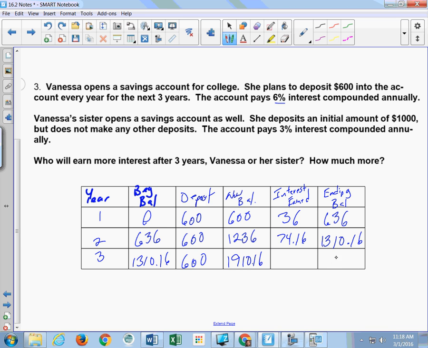Hit enter, and you get 2024.77. Subtract these two. I'll just give those to you. That's 114.61. So we can add these up and see how much interest we made. 224.77.